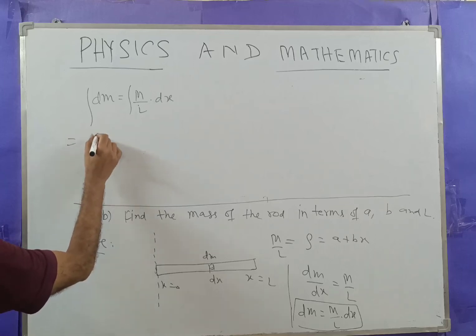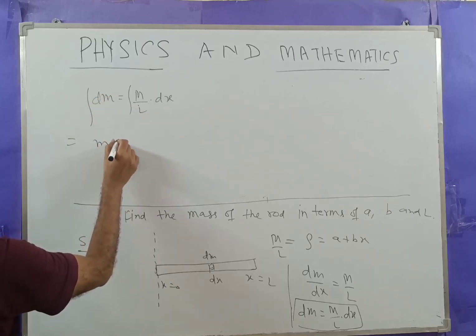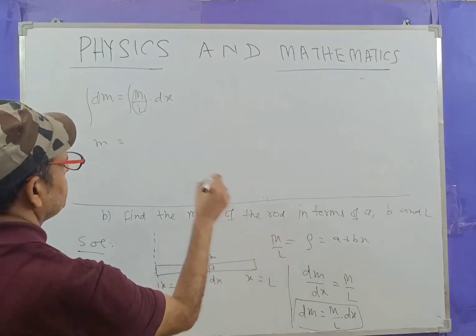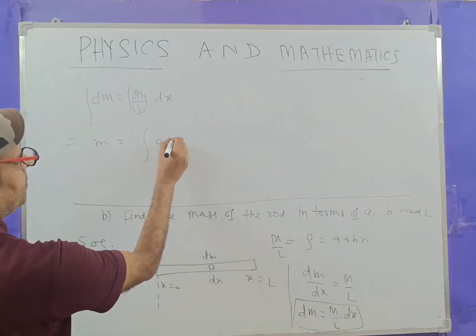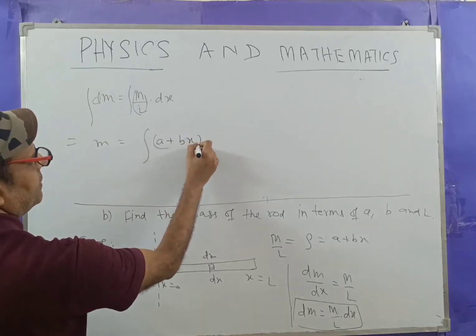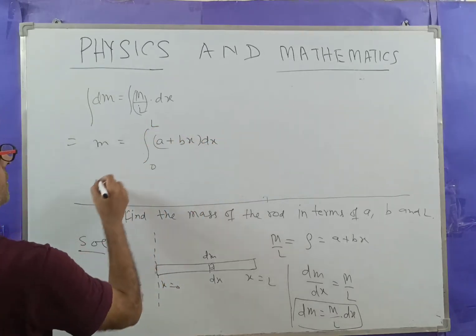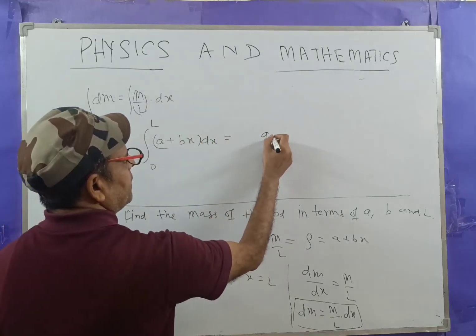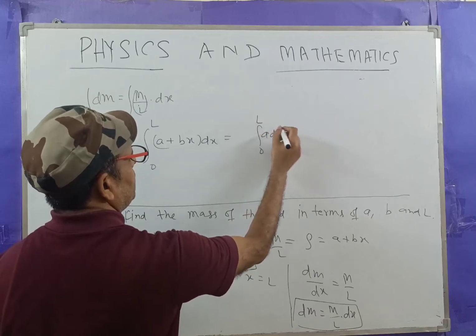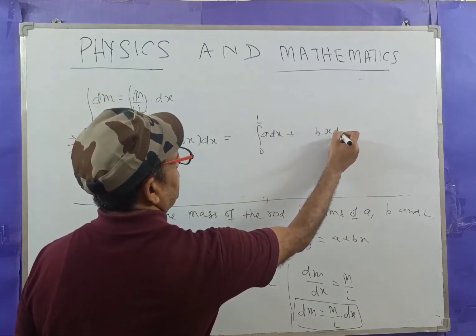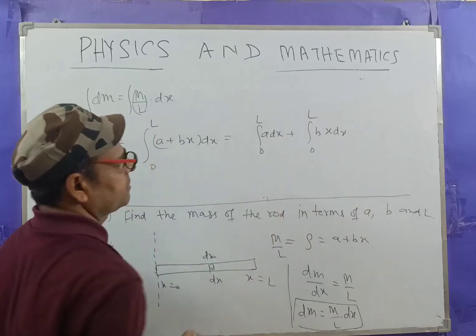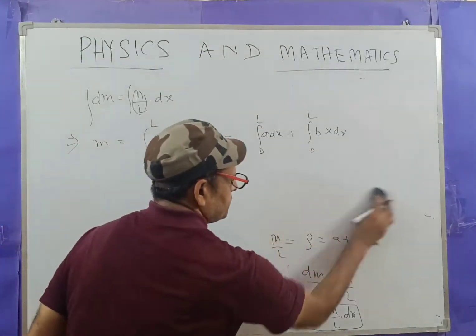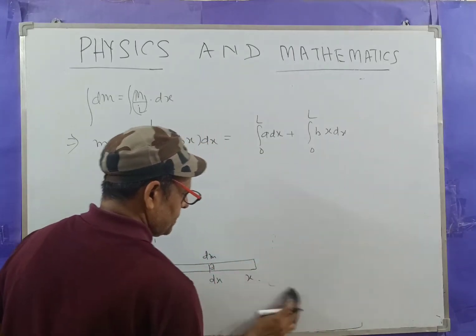The required mass m will be equal to the integral of m by L, which is the density, that is rho, that is A plus Bx dx, and it varies from 0 to L. Now we can integrate A dx from 0 to L plus Bx dx from 0 to L. We can integrate both parts.